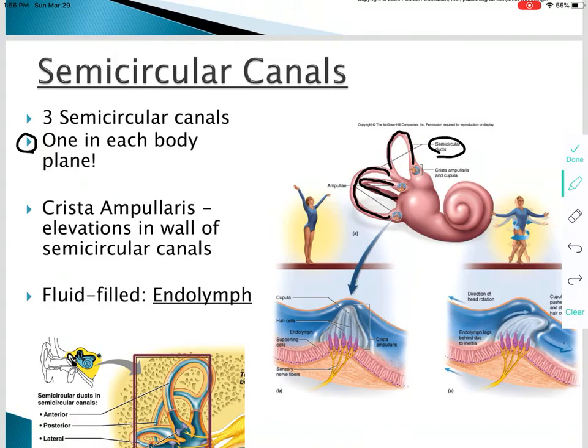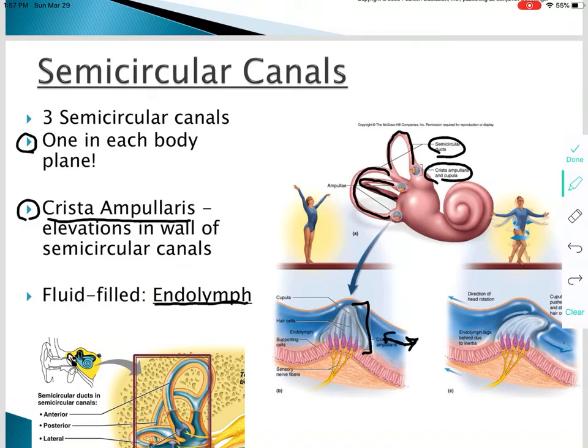So semicircular canals help us to maintain balance or equilibrium while we're moving. That's why these pictures are showing you a gymnast. If we look at the structure, within these semicircular canals, there are elevations in the walls called crista ampullaris. And of course, we have some fluid called endolymph.